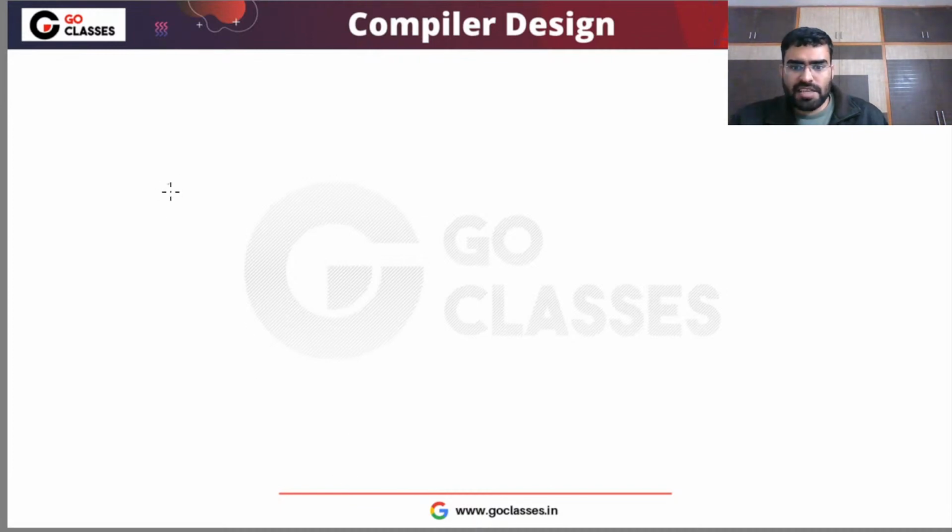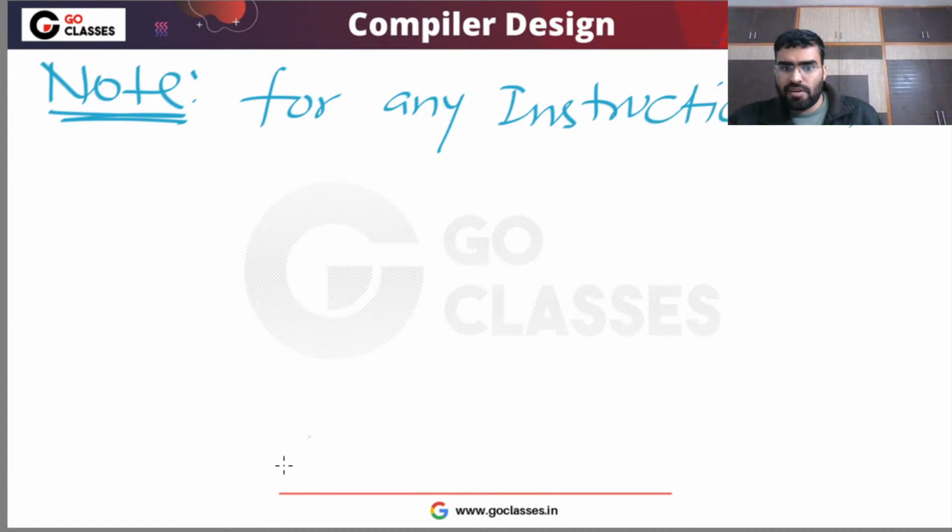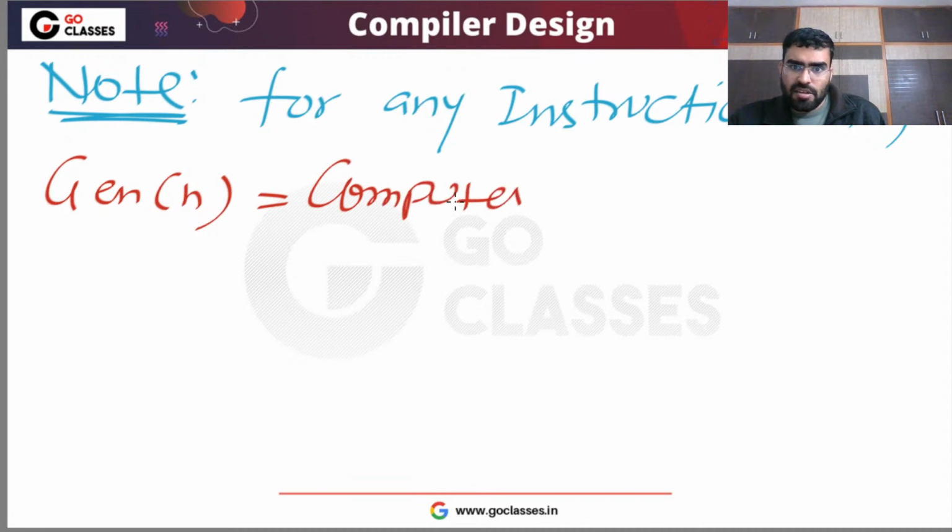So finally these are the two equations, remember. For any instruction n, what can you say? You can say there is something called GEN of n. These are the expressions computed by n.